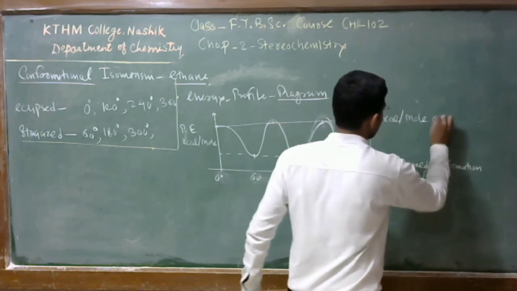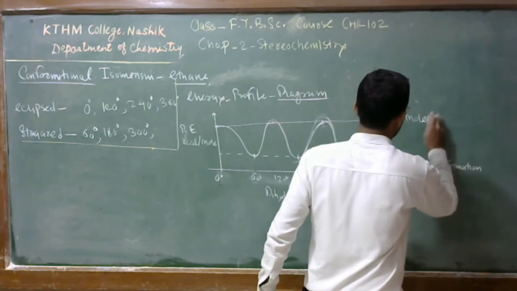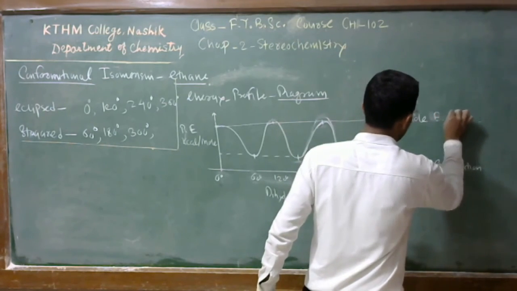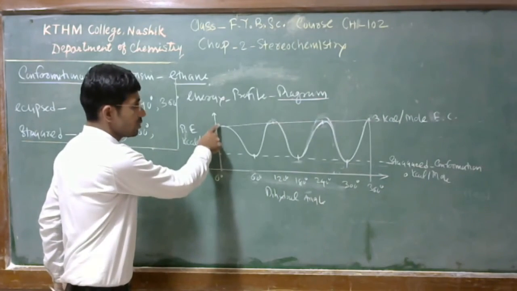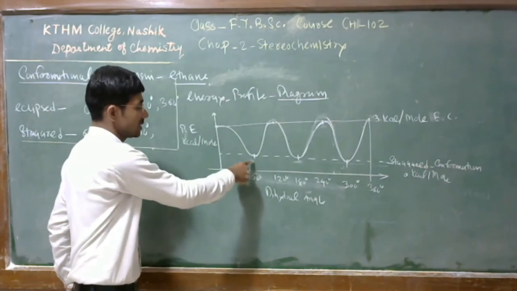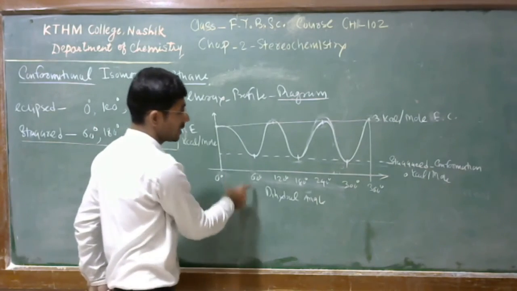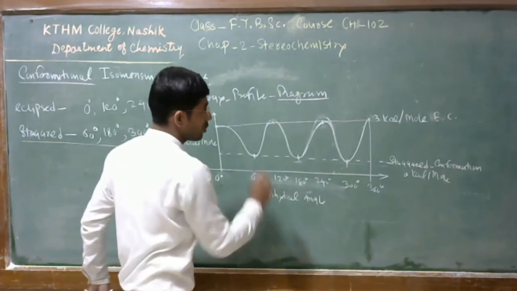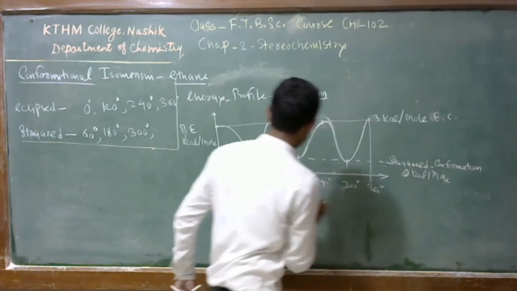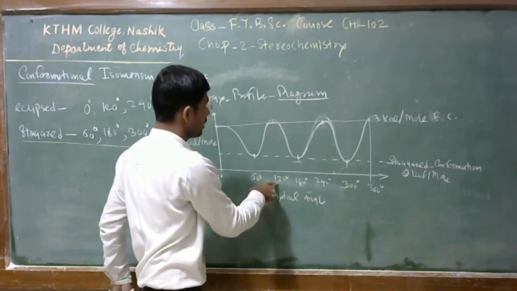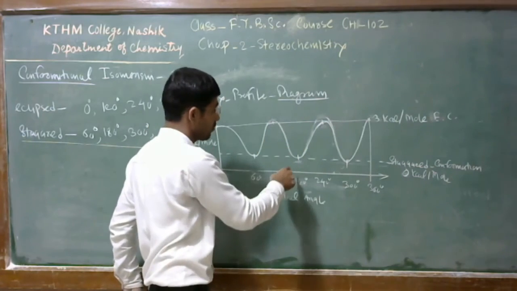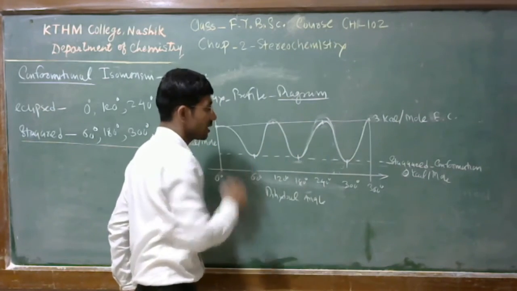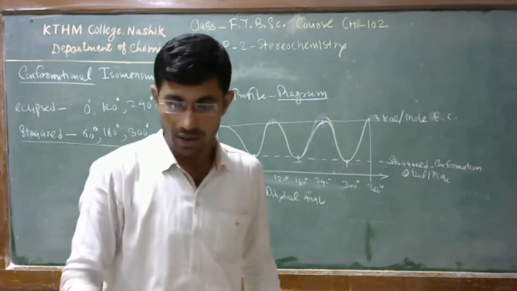So angle 0, 3 kilocalorie; then angle 60, staggered conformation, that time energy 0 kilocalorie per mole. For angle 120, eclipse conformation, 3 kilocalorie per mole. And angle 180 is the staggered conformation, 0 kilocalorie per mole.